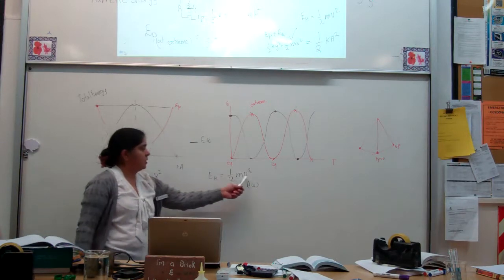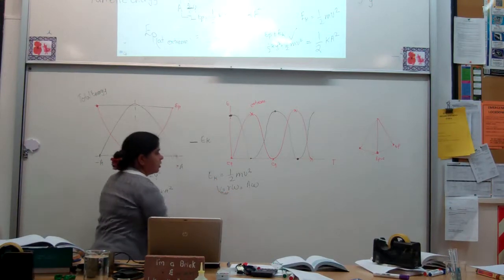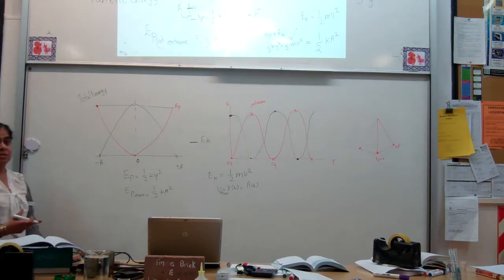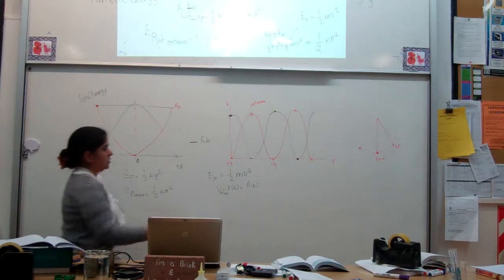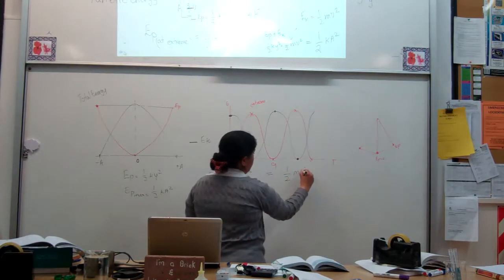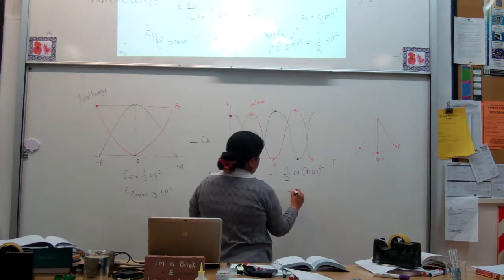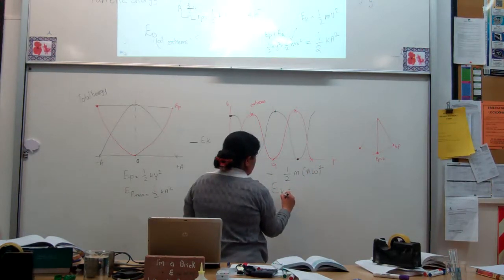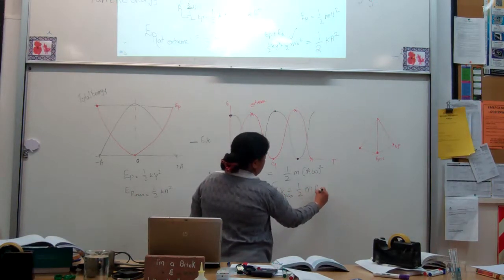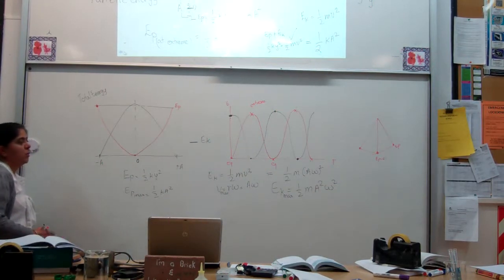So instead of v, I can substitute maximum velocity, because we know at maximum velocity energy is only kinetic. So what will the equation become? Half m A omega whole squared is Ek max, which is half m A squared omega squared. That's the equation.